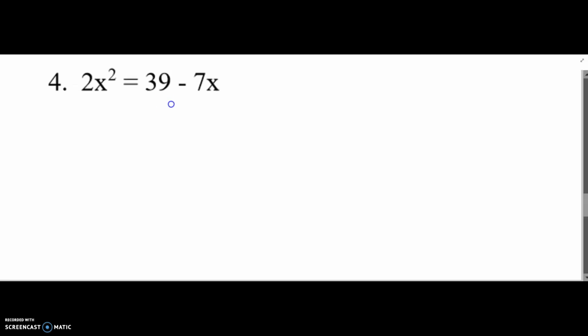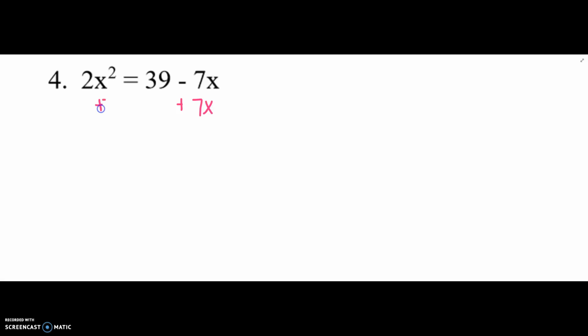To do that, we will add 7x to both sides, and we will add or subtract 39. These cancel.